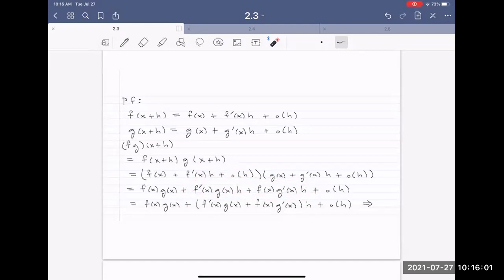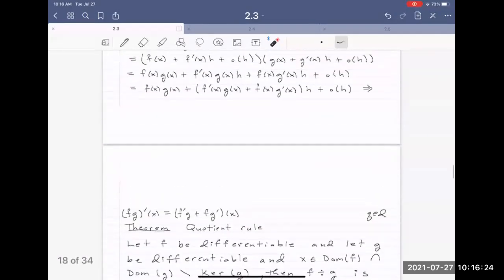So this is equal to f of x times g of x plus the quantity f prime of x times g of x plus f of x times g prime of x, all times h plus little o of h. But by definition, that means that the derivative of this is equal to that.